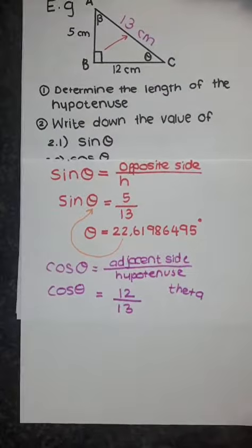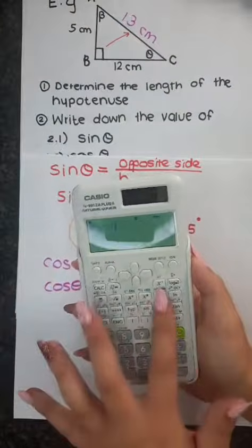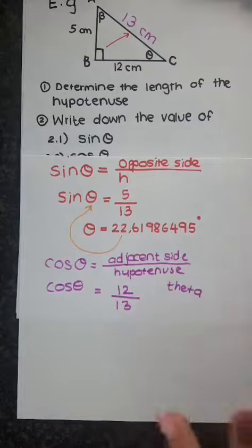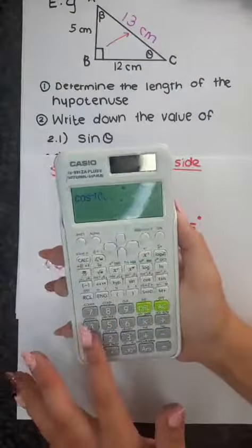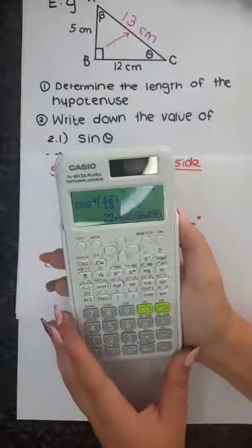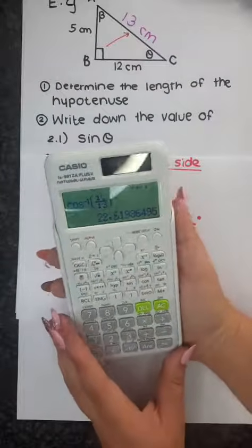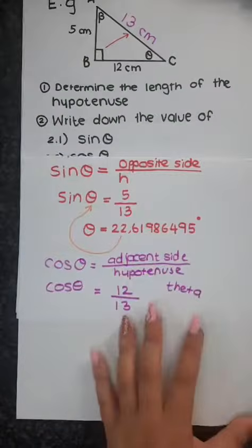We go shift, we're trying to find an angle, shift, cos 12 over 13. Oopsie, you must close your brackets. Let me show you. Shift cos 12 over 13. There's your angle. Okay. Shift cos.